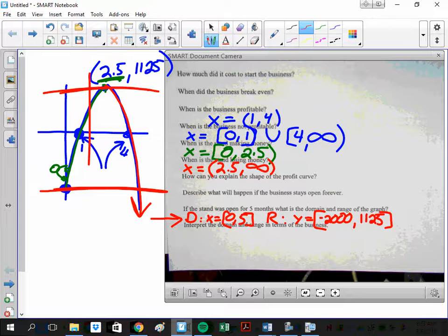When I say from 0 to 5, what am I talking about? So the stand is open from 0 months up until 5 months. What does the range mean? Negative 2,000 what? Dollars. So the stand was at most $2,000 in debt, and at most $1,125 in the black. All right. Okay, we're done with that one.